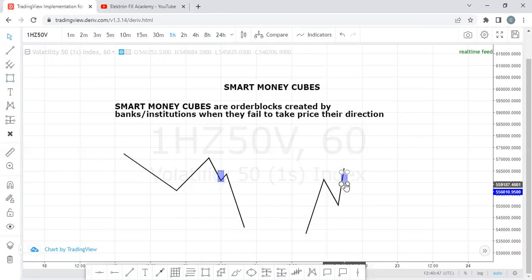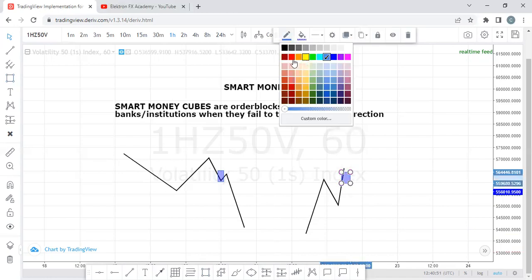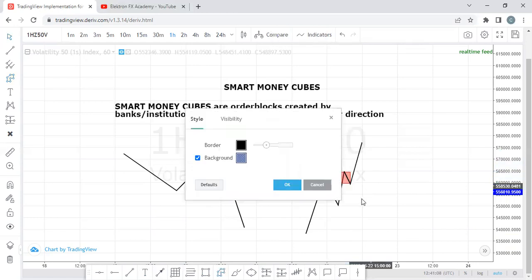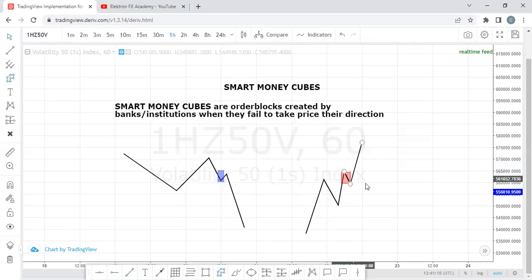We usually signify a bearish candle by a red candle. So you find a small sell candle before the market continues to rally up. That means the market sold down a bit, gave a little sell, and then continued to rally up. So this small sell candle created here is what we call an order block.